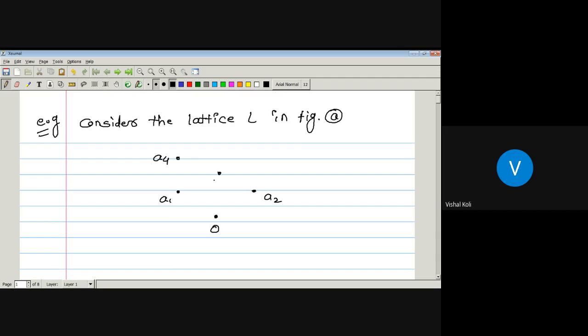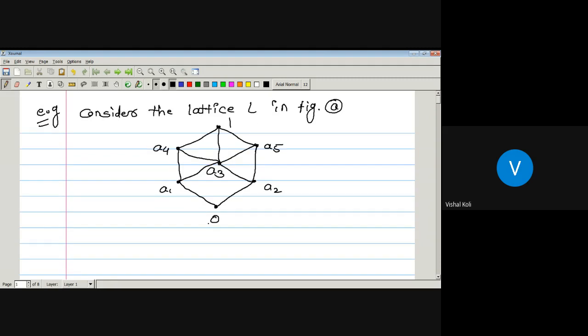Here somewhere is vertex A3, vertex A5, and here the vertex 1, and they are joined by straight lines. Okay, so this will be a Hasse diagram, and it is a lattice.